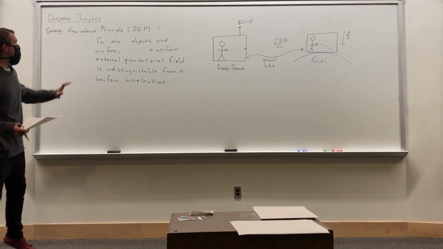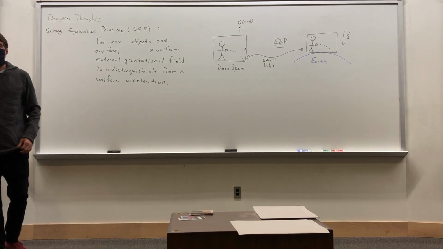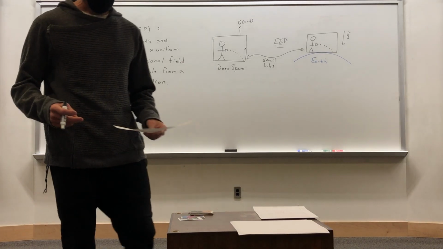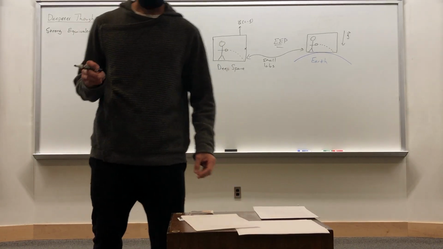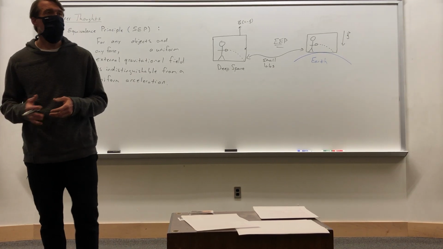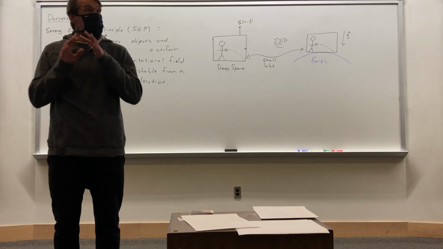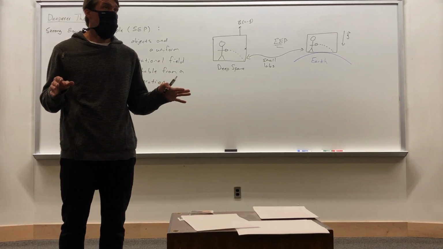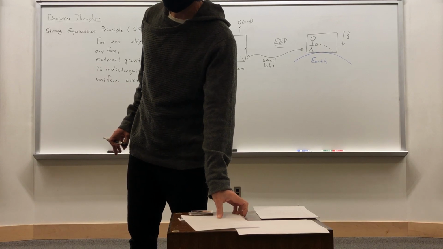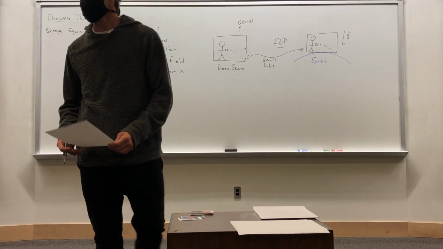Now, it turns out that the Einstein equivalence principle is all we need to develop general relativity. You might wonder, what does the strong equivalence principle do? It turns out that if you start with the Einstein equivalence principle and derive the consequences of that as your starting point, you can actually reach a couple of different results. Okay? So for example, there's something called the Dicke theory, which is another variation of general relativity.